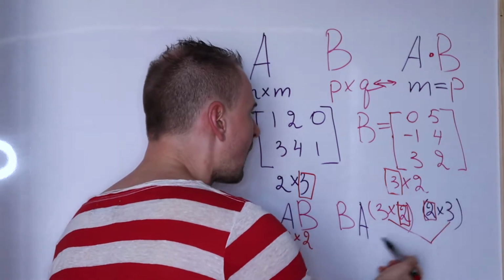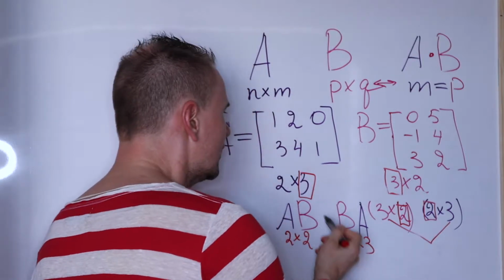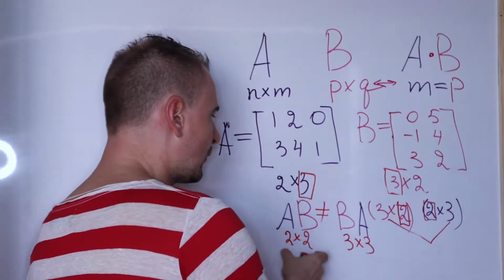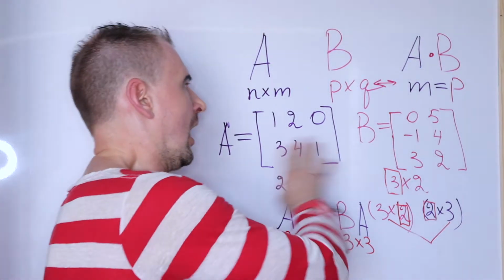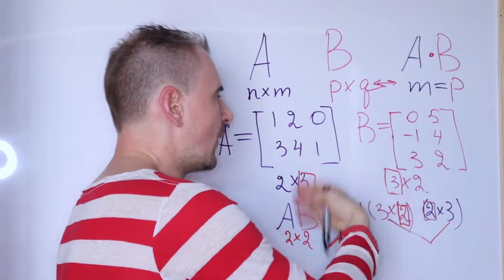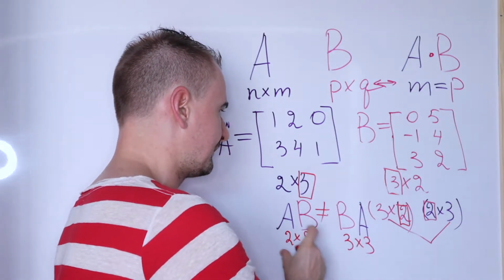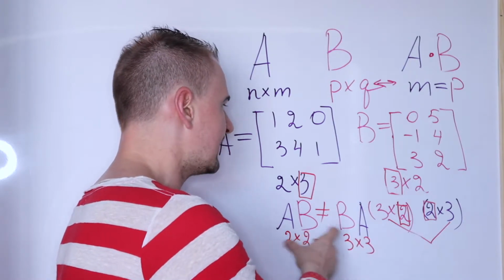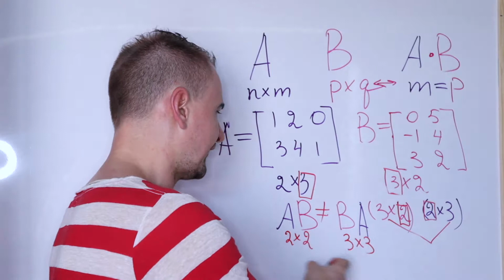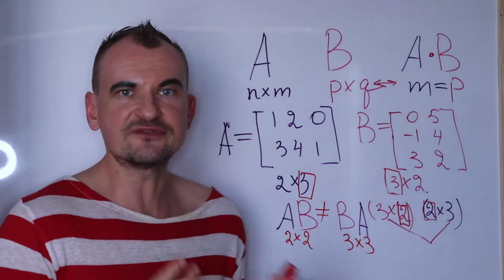So the size of the product is going to be 3 by 3. So by this, you could conclude that generally speaking, and also for these two matrices, their products AB and BA would be different, since these resulting matrices have different sizes.